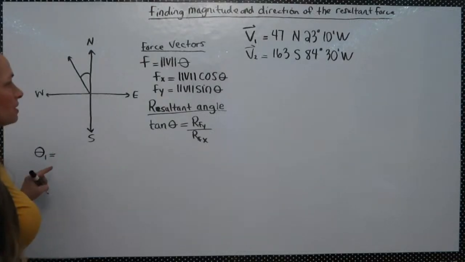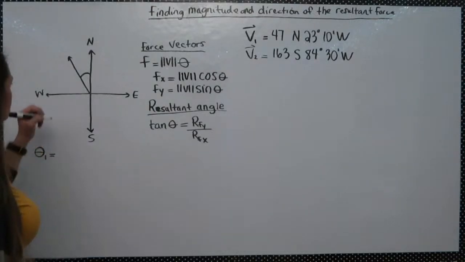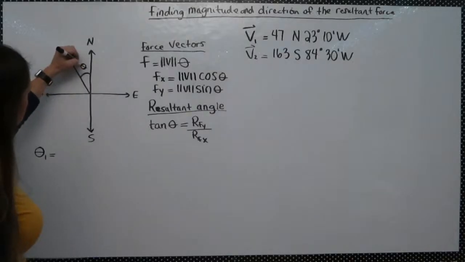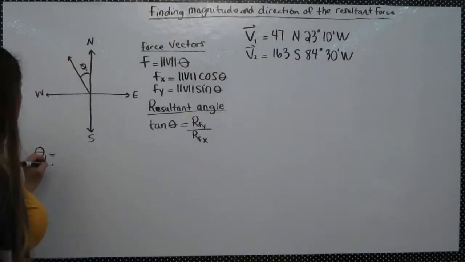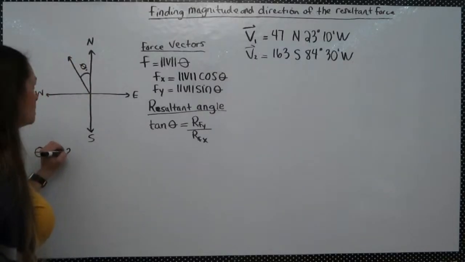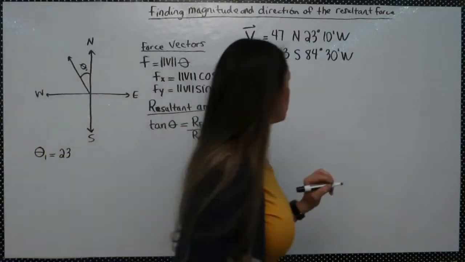So this first theta that you're dealing with here, theta sub 1, is going to be 23. Let's go ahead and just get the decimal for it.